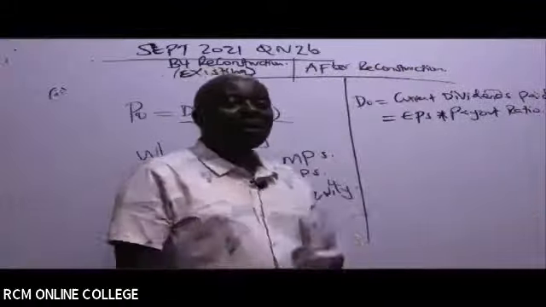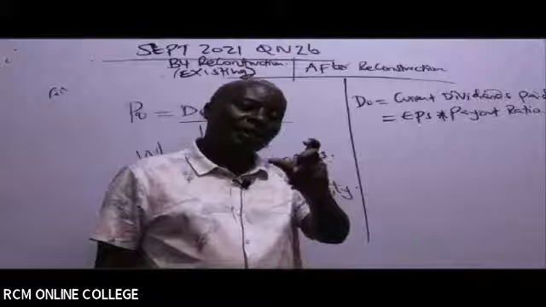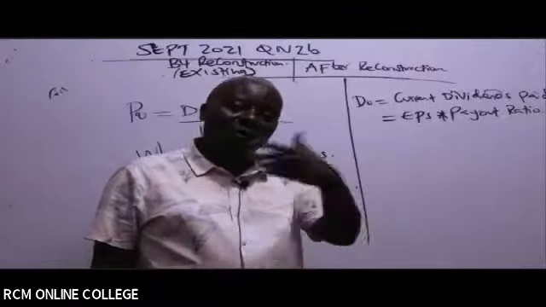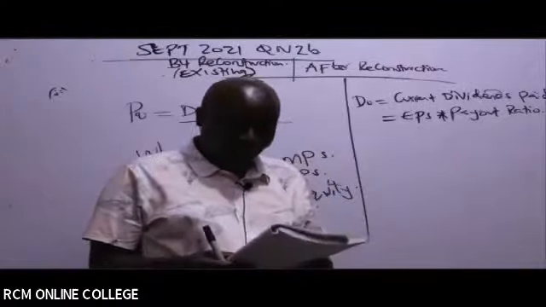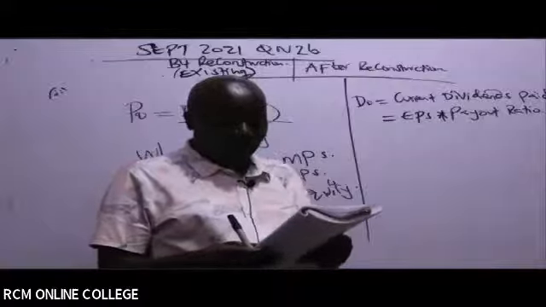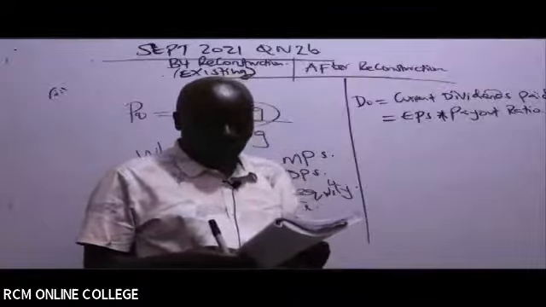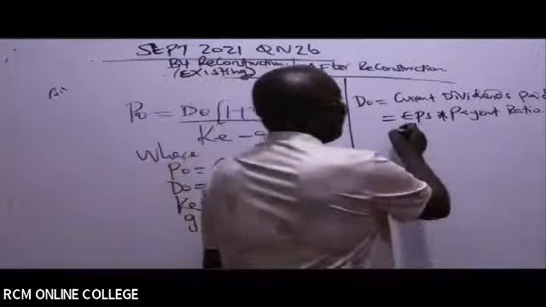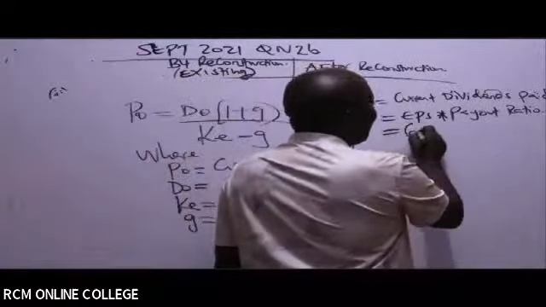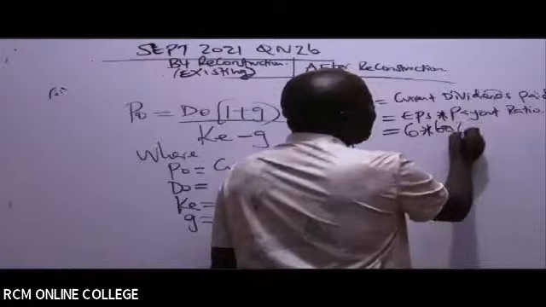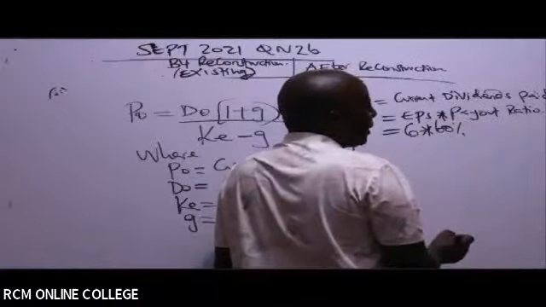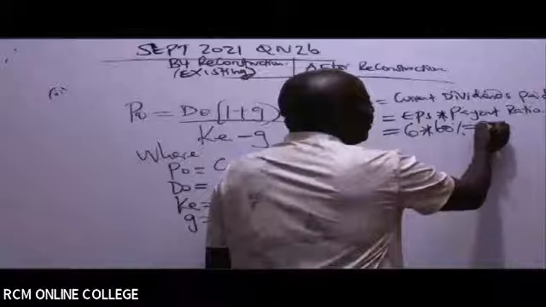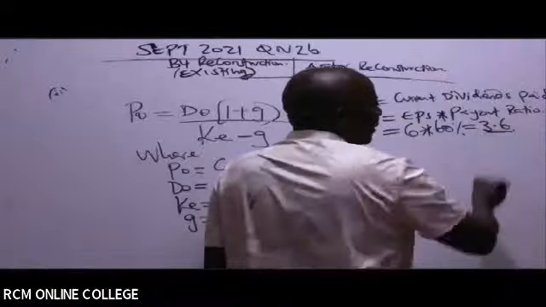You look at how much each share earned, and then you know how much you are paying, right? The firm adopts a 60% payout ratio and expects EPS of 6. So we have earned 6, but the dividends to be paid will be 60% of that, which gives me a figure of 3.6.